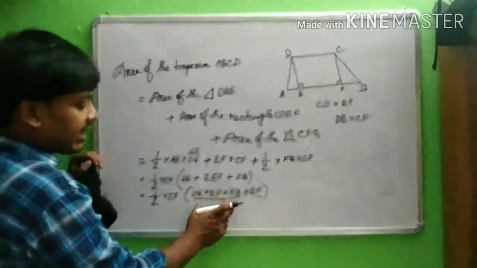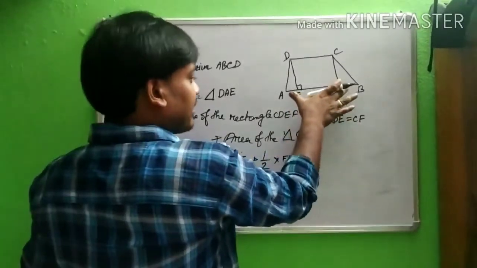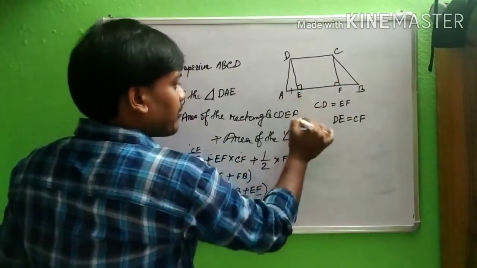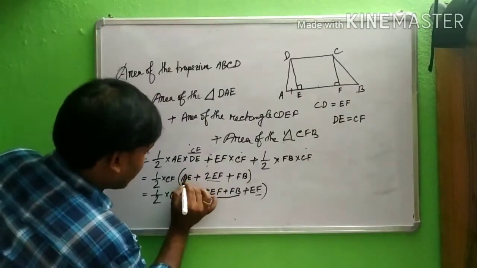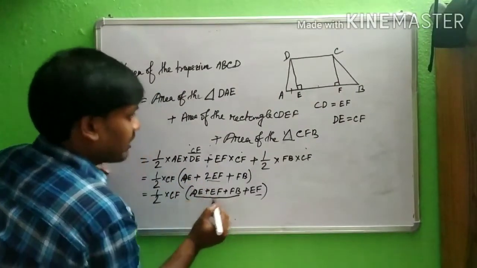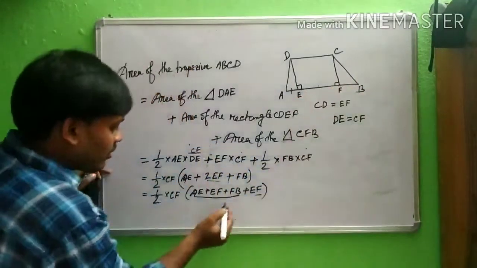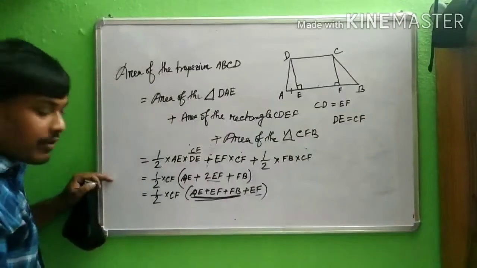We write these three values together, because if we add these three values, then the result is AB. AE plus EF plus FB equals AB. So the value of these three equals AB.